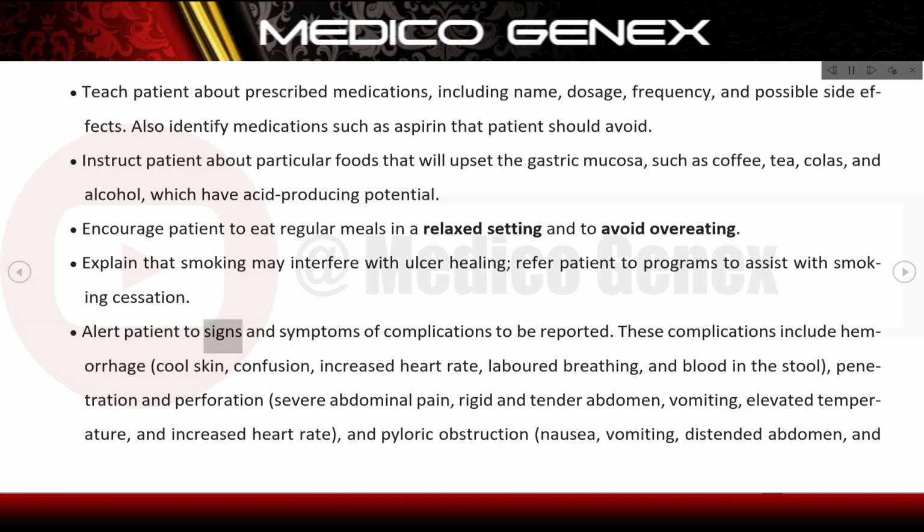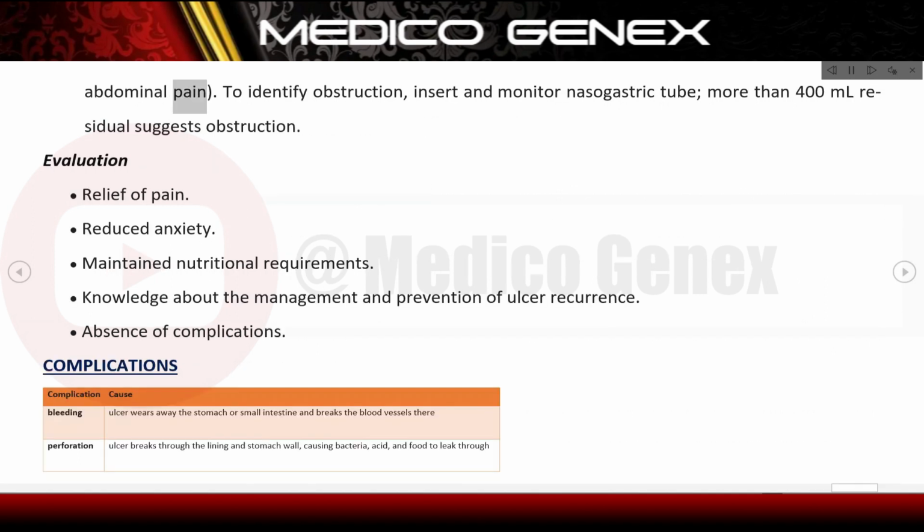Alert patient to signs and symptoms of complications to be reported. These complications include hemorrhage: cool skin, confusion, increased heart rate, labored breathing, and blood in the stool; penetration and perforation: severe abdominal pain, rigid and tender abdomen, vomiting, elevated temperature, and increased heart rate; and pyloric obstruction: nausea, vomiting, distended abdomen, and abdominal pain.